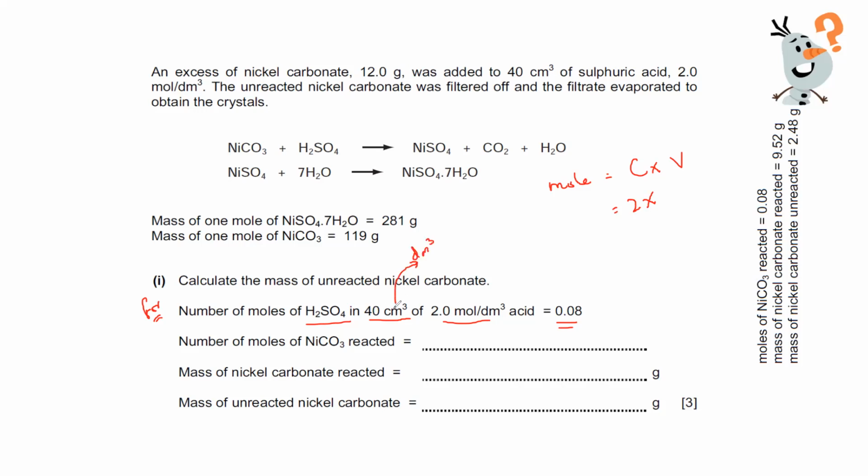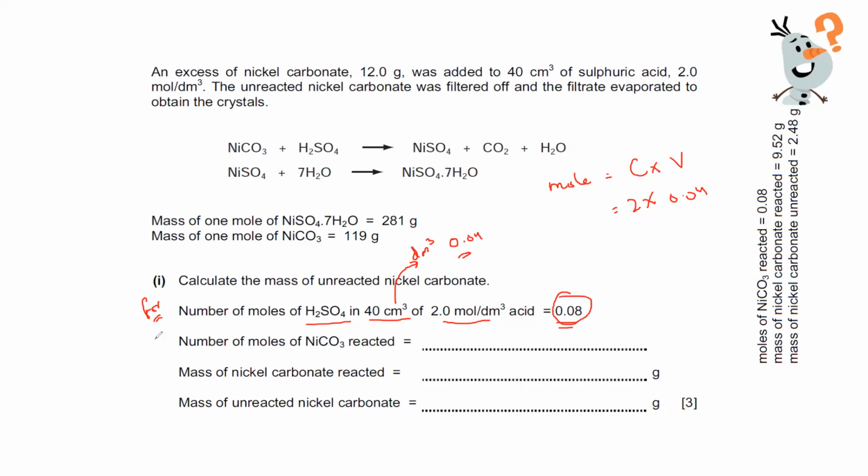So divide by 1000, 40 divided by 1000 will be 0.04. So 2 multiplied by 0.04. That's why the answer for number of moles is 0.08. So the first part is done with a formula.